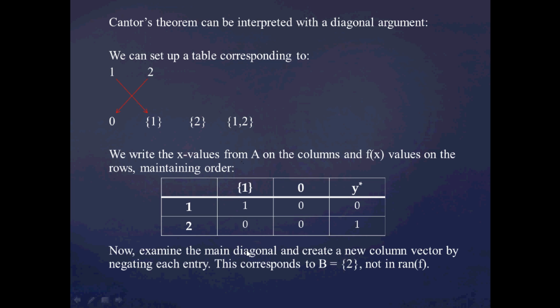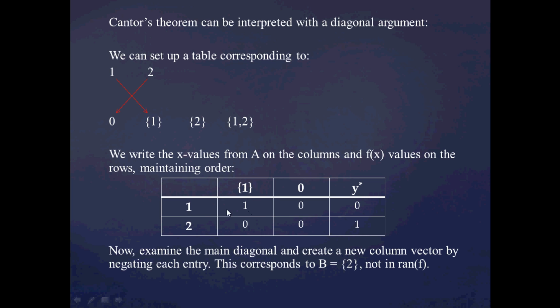So I'm going to write that as the first column. Then the second column is going to be f of 2, which I saw was the empty set. Now in the interior of the table, I'm going to place zeros and ones by the following rule. The entry gets a 1 if the row value is contained within the column value.